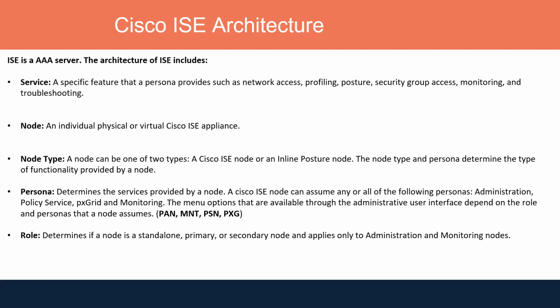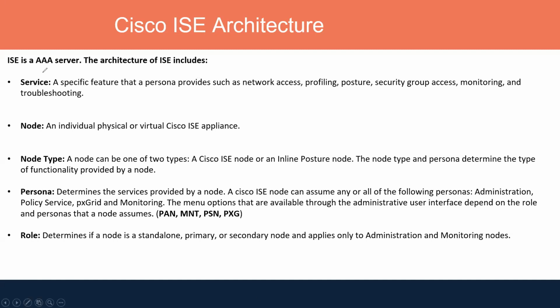Authentication means the user has to prove his identity, and based on identity you can provide a certain level of access, which is known as authorization. Finally we have accounting, which means whatever the user is accessing, all the logs would be generated. If you want to trace back what the user accessed, you can trace back using a log, which is known as accounting.